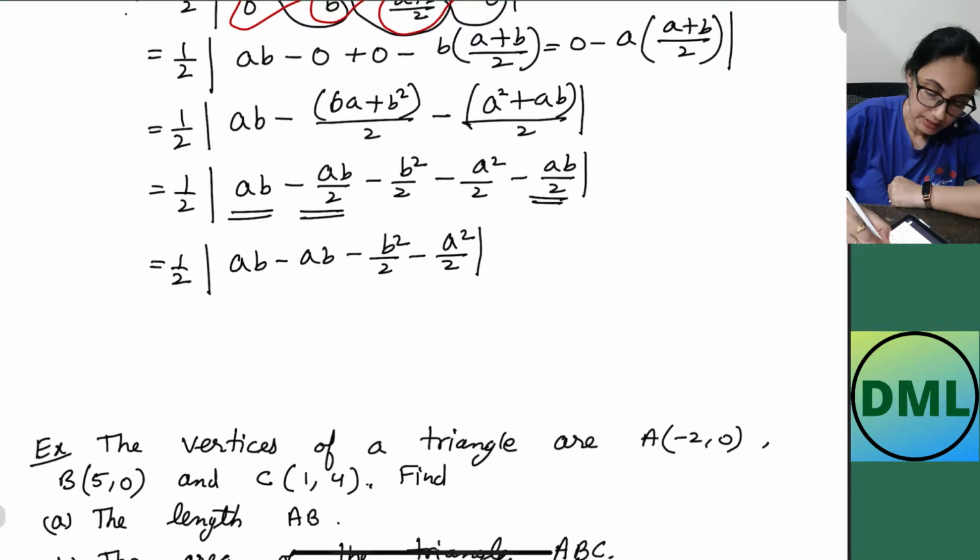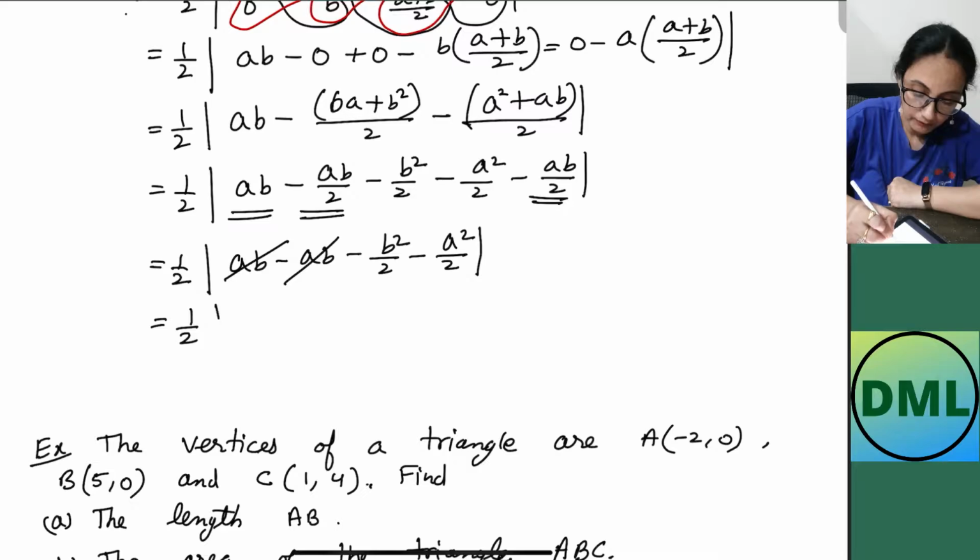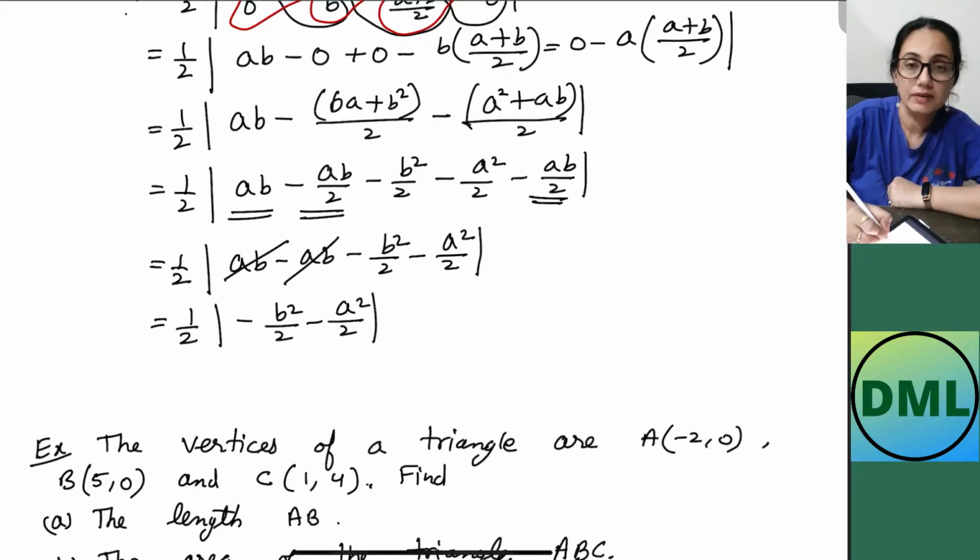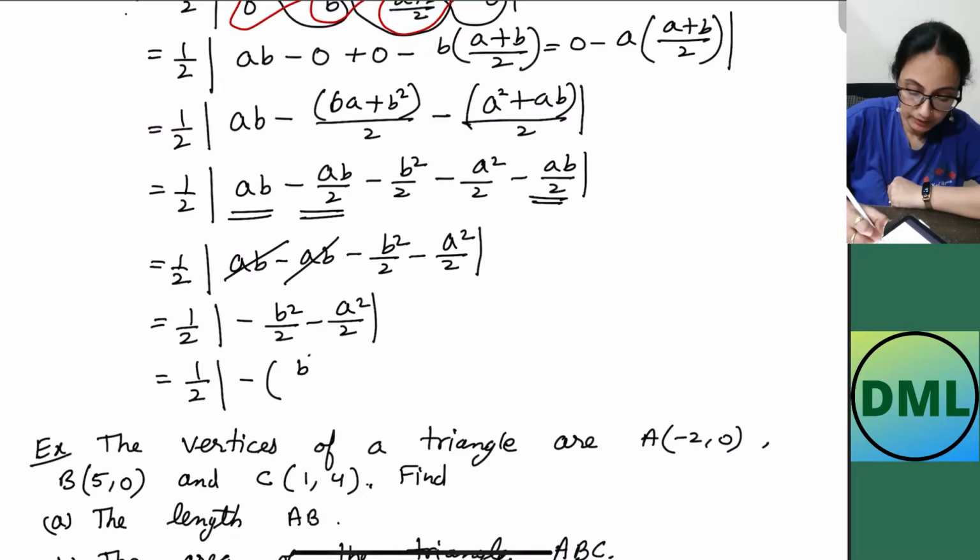As you can see, ab got cancelled with ab. That is half mod of negative b square by 2 negative a square by 2. Now I am going to take negative as a common factor. That is half mod of negative as a common factor outside, b square by 2 plus a square by 2.